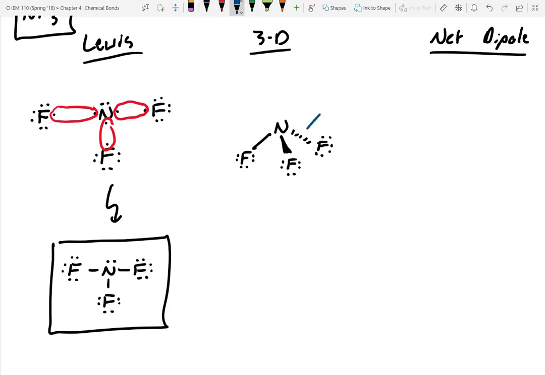I'm going to make a note that dash equals back, wedge equals forward. Chemists do this to give a little bit of perspective. And then if you think about the lone pair, it's basically in this orbital, just hanging out above the nitrogen like that. So this would be described as trigonal pyramidal.